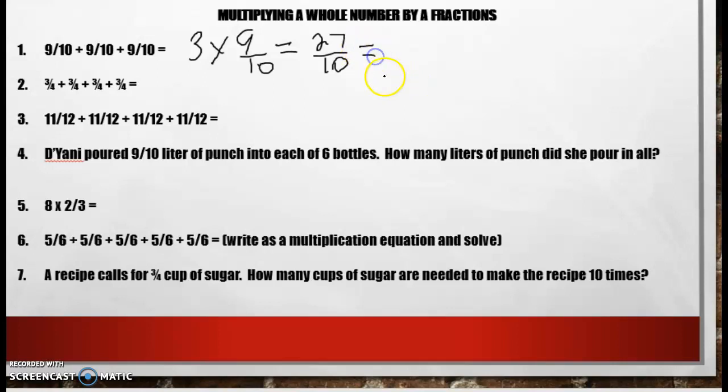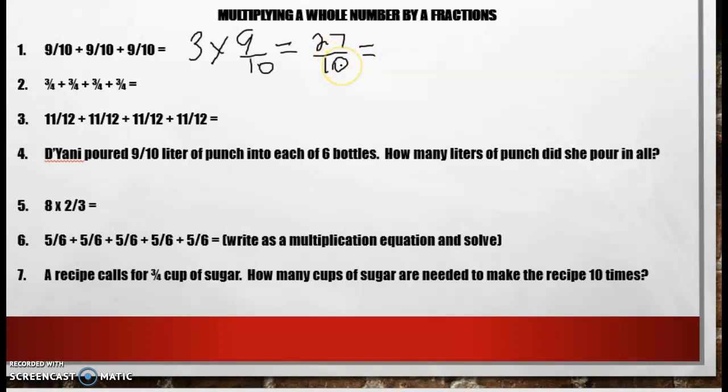We don't do anything different with the denominator. Now, also, let's take it one step further and let's change this into a mixed number. You might see the answer as an improper fraction. You might see the answer as a mixed number. Keep that in mind when you take the quiz. So if I want to change this to a mixed number, I ask myself, how many groups of 10 are in 27?